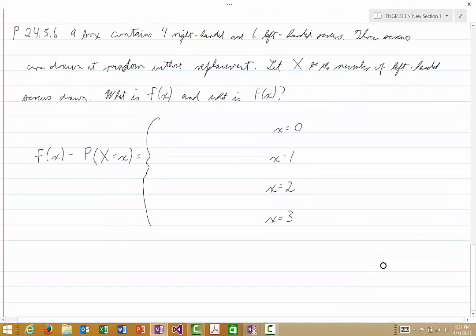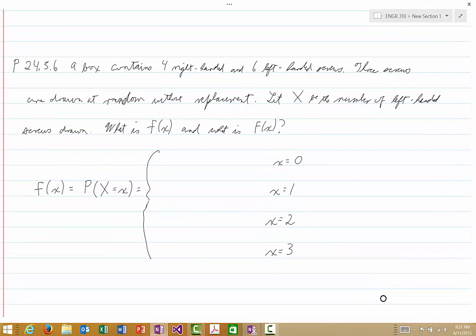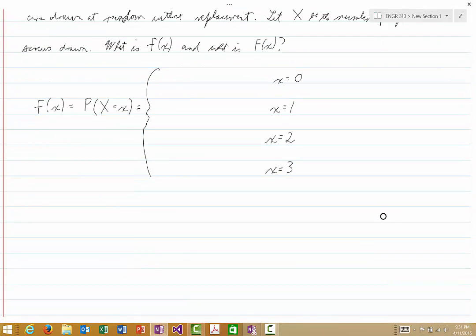Since you have 4 right-handed and 6 left-handed, I'll say little f of 0 equals the probability that capital X is equal to 0.